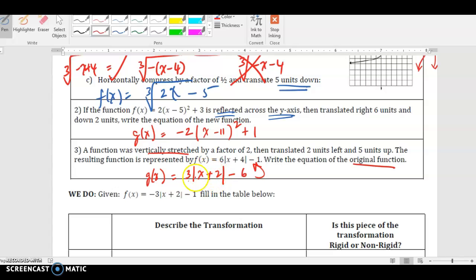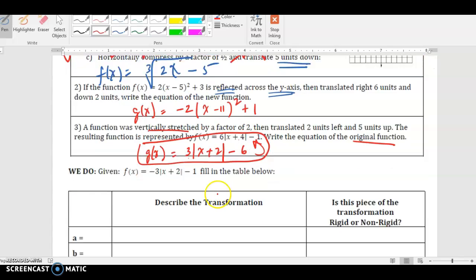So that means 2 units to the left further means it becomes x plus 4. And the last one, it shifted 5 units up to come to this. So if you take 5 units upward direction from here, add 5, you will get minus 1. Okay, so that's how you verify your answer. So this is the answer for this.